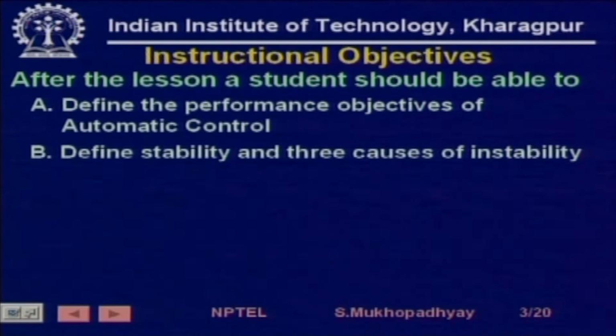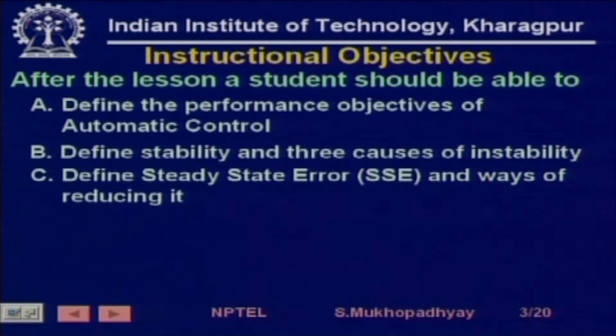He or she should be able to describe what stability is and three causes of instability which are very typical in an industrial process control loop. Should be able to define a very important performance indicator called the steady state error and basic strategies or philosophies of reducing steady state error.